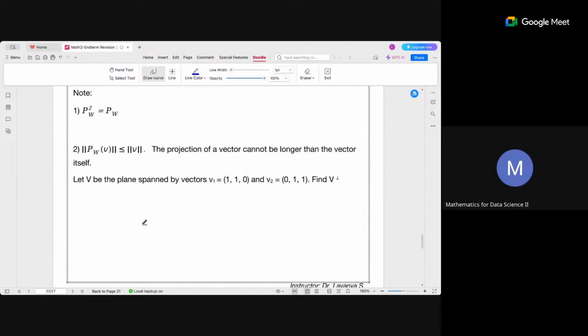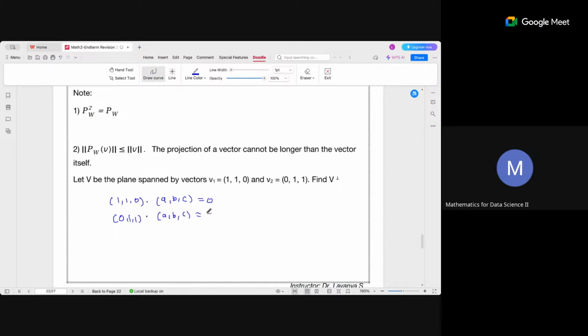Fine. Now you are given a plane spanned by these two vectors. How do you find V perp? Dot product zero. As I told you, you are given a basis now. You have to multiply it with a common vector, do the dot product, and find the values of a, b, c.